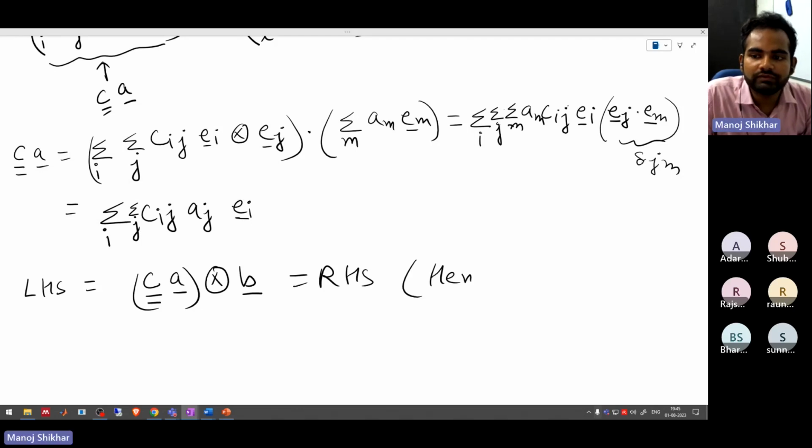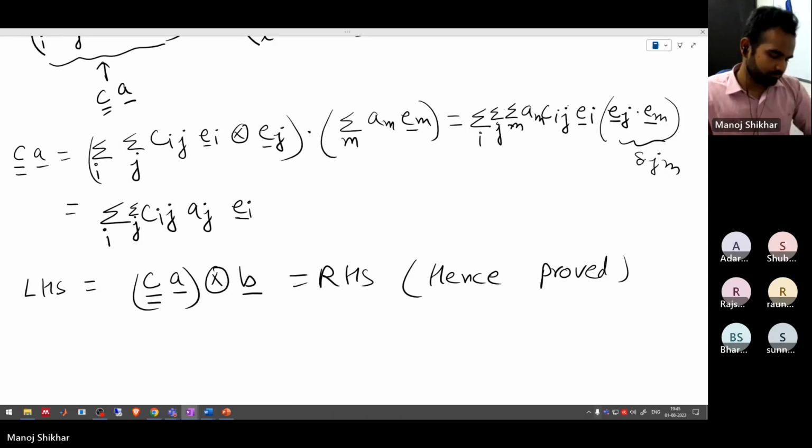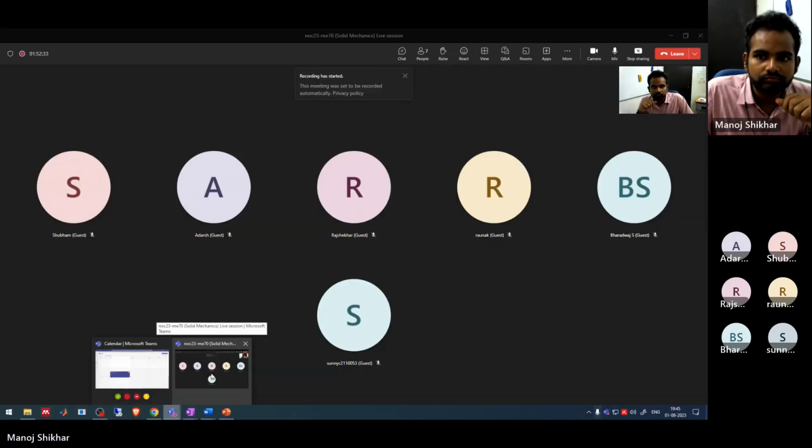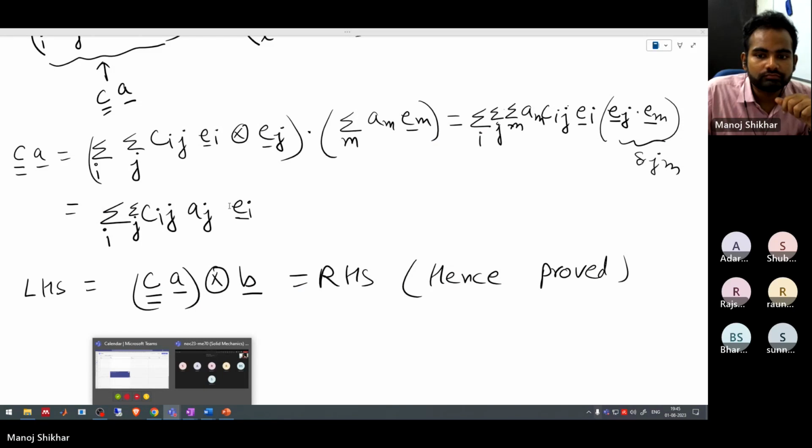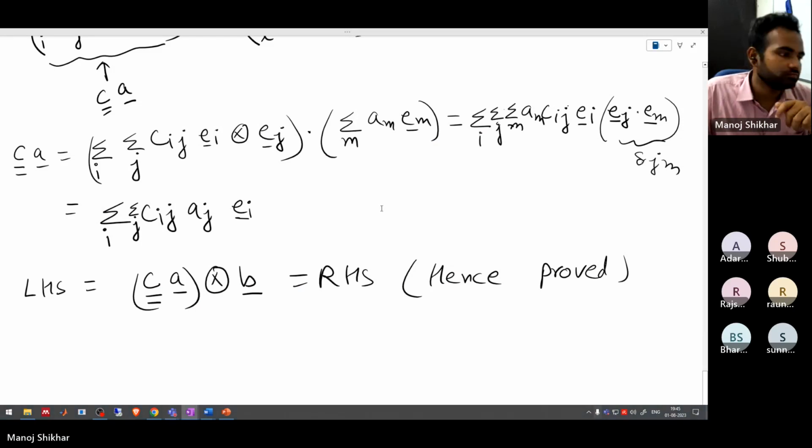Hence proved. Anybody has any doubt in this? Anybody has any doubt in converting to index notation?